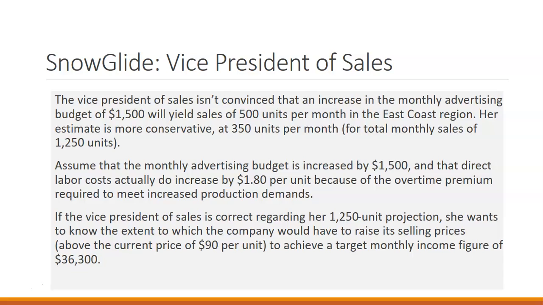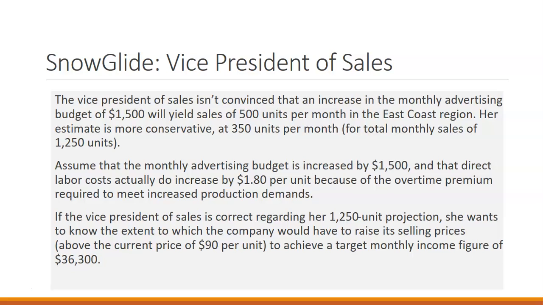The vice president of sales isn't convinced that even this monthly advertising is going to have that effect of 500 units per month. She does believe that it's going to increase their amount of sales, but she doesn't think it's going to be 500 units per month.